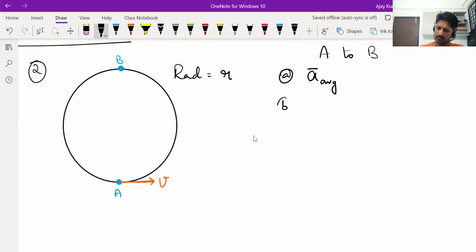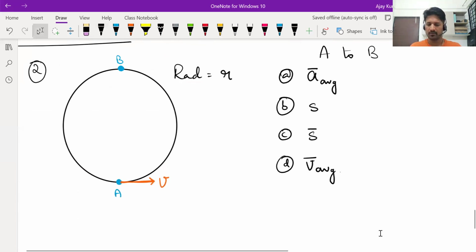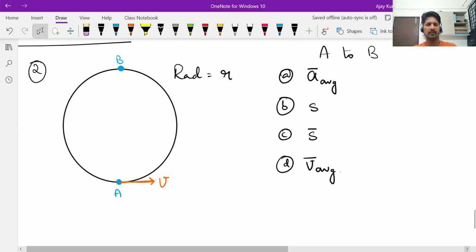Next, the distance moved by the object, displacement of the object, and average velocity also. Do this quickly. All answers will be in terms of V and R and some numbers.